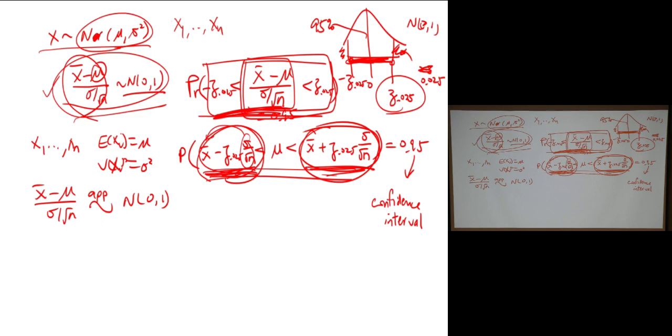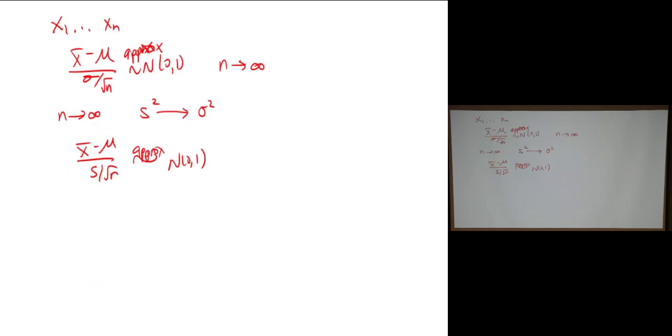Just now I also mentioned, what happens if I don't know sigma? If I apply the central limit theorem, I can replace it by the sample standard deviation s. So you have to understand that I can use this, the last one we just talked about.